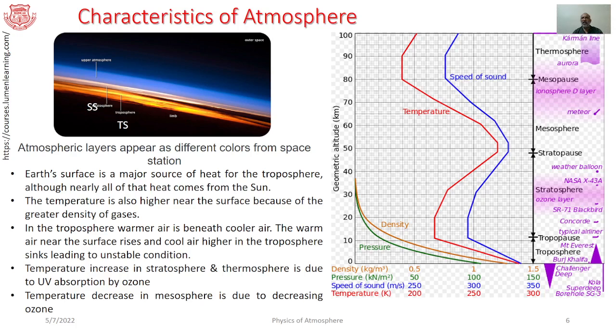As we consider the presence of the stratosphere as well as the thermosphere, the ultraviolet rays that are traveling towards the Earth's surface are filtered and absorbed in these two layers, and hence there is an increase in temperature.